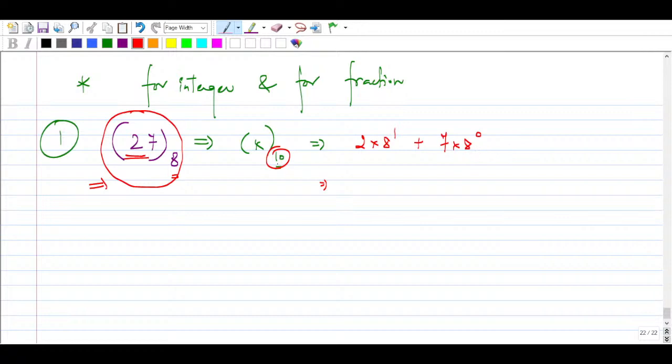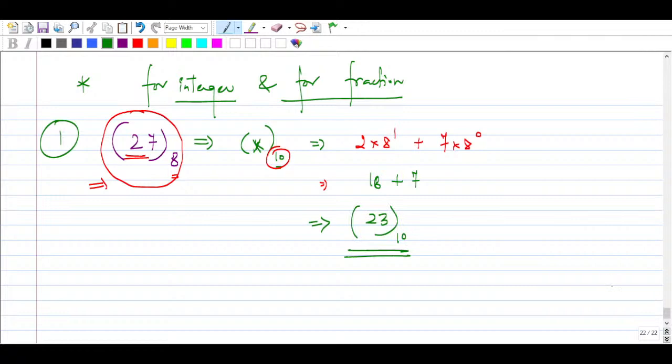Otherwise you will get the same number, so that kind of mistake we can make as well. So 27 base 8 is given, and you have to convert to decimal. Now you have 16 plus 7, you can add this and get the required result. So this will be 23 in decimal.